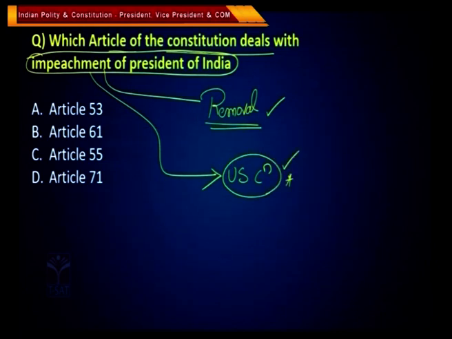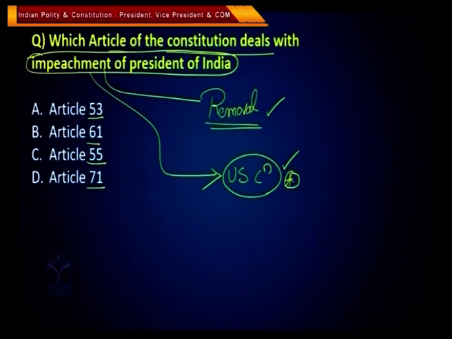The options are 53, 61, 55, 71. All 4 options are somehow linked to the President of India, but you need to choose which is related to the impeachment of the President.